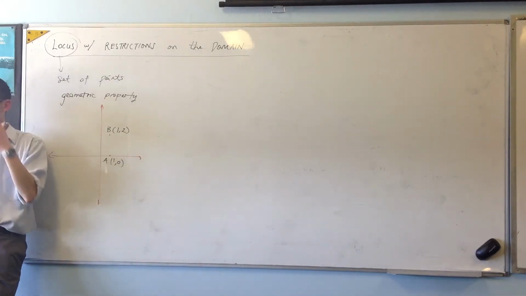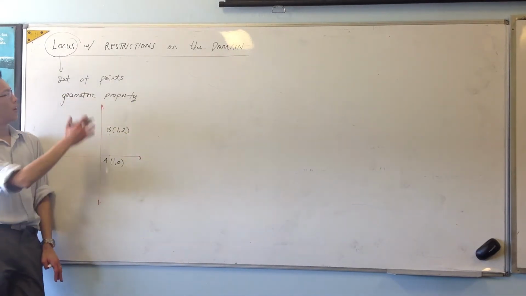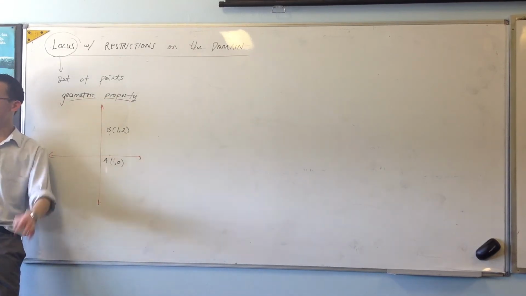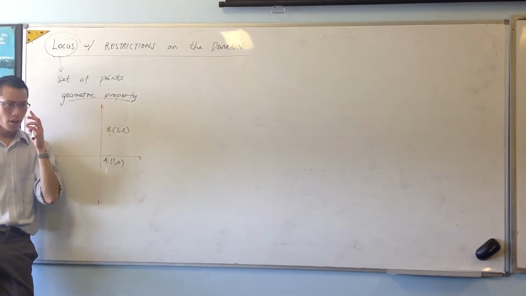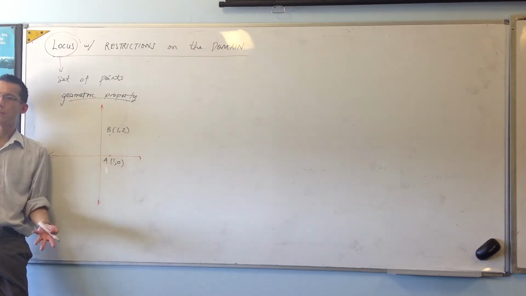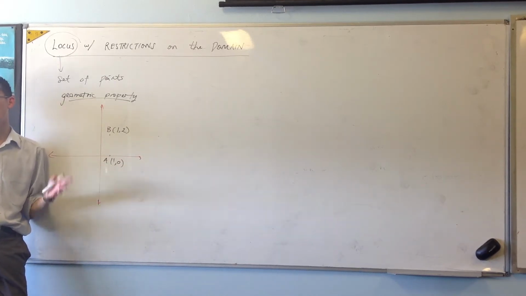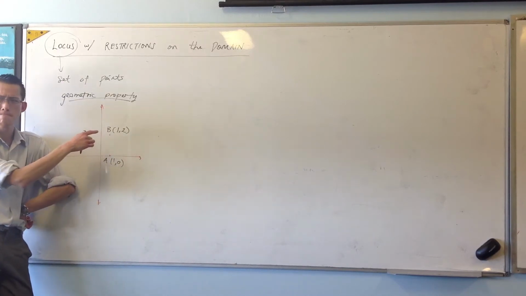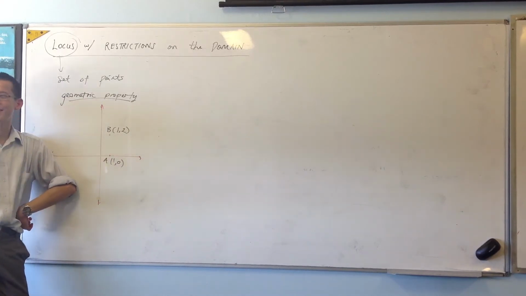Now if I said, what's the locus of all the points, and now I'm going to give you the property, which are equidistant from A and B? Not an equation, how would you describe it in words? What is the locus of those points? Equidistant from A and B. A line, which line is it?